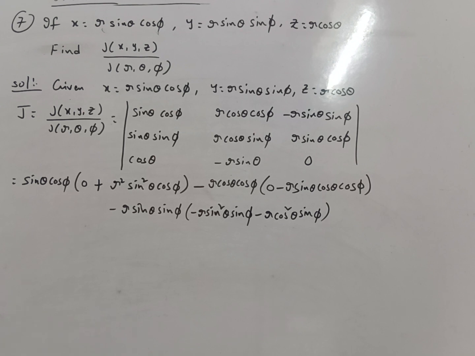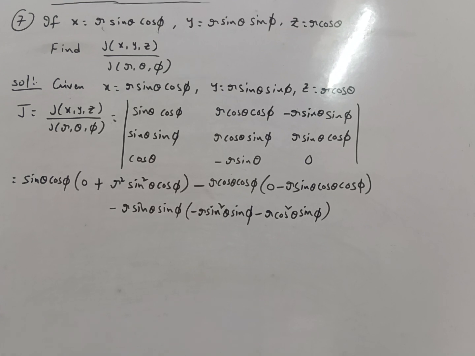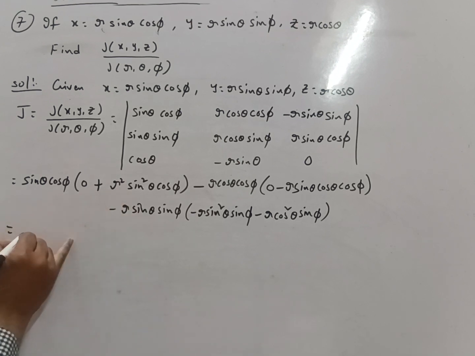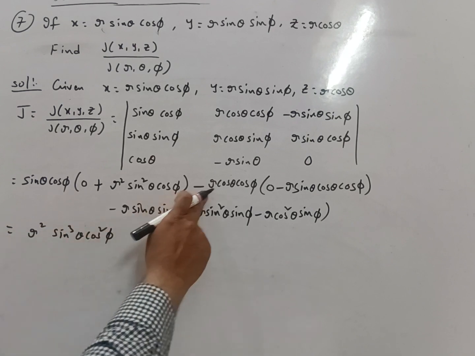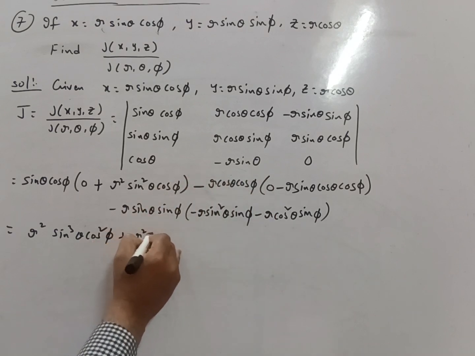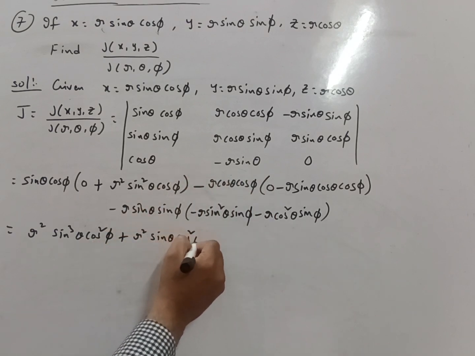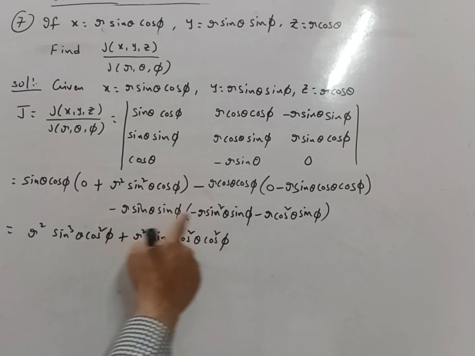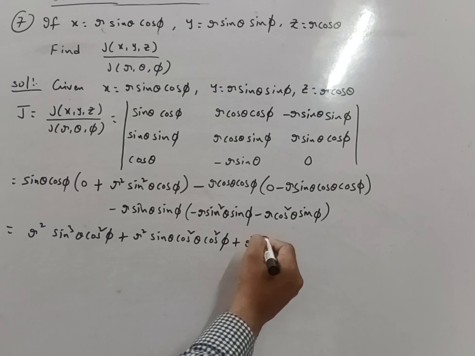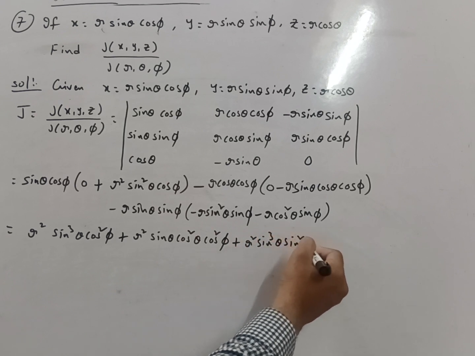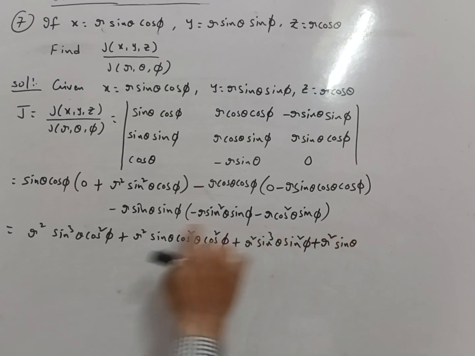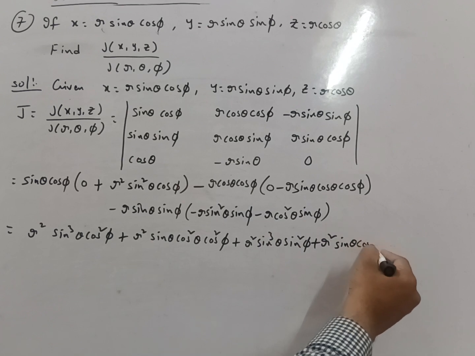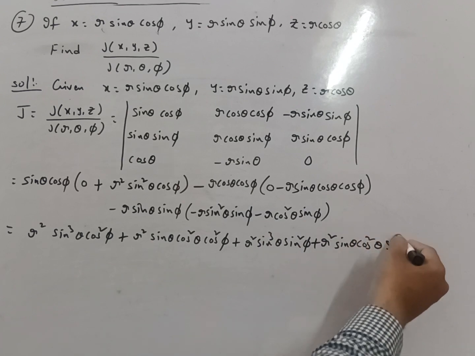Now simplify here. If I simplify here, okay, what will I get? One second. Multiply here. So what I get here? R square sine cube theta cos square phi, minus into minus plus r square sine theta cos square theta cos square phi, minus into minus plus r square sine cube theta sine square phi, minus into minus plus r square sine theta cos square theta sine square phi.